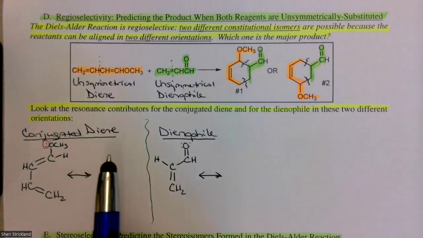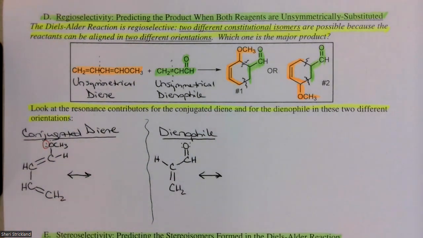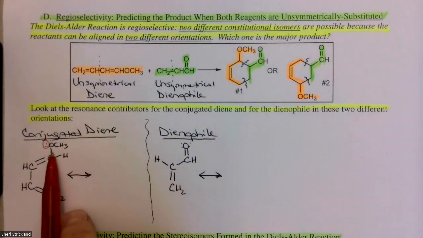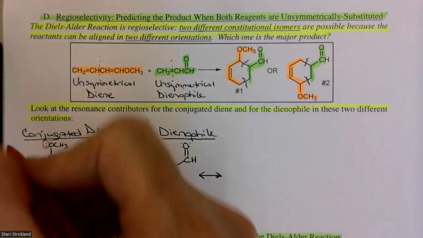But you can determine what the orientation of one relative to the other needs to be by looking at the other major resonance contributor. So with the conjugated diene, we've got a substituent on here that is an electron donating substituent.